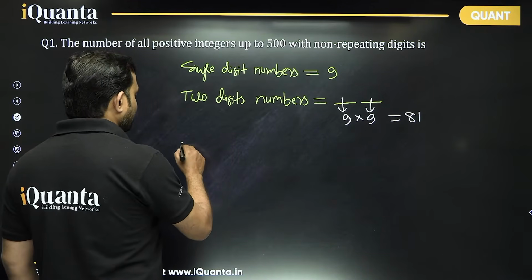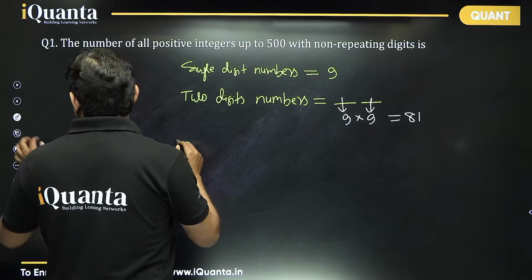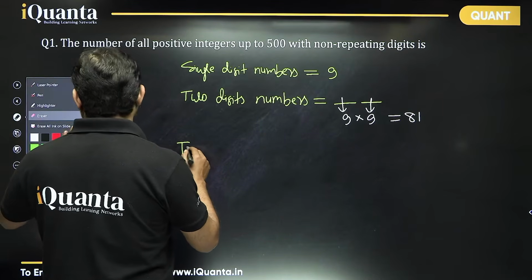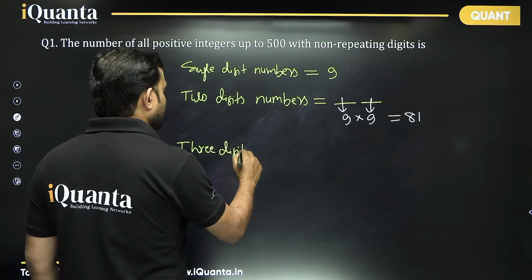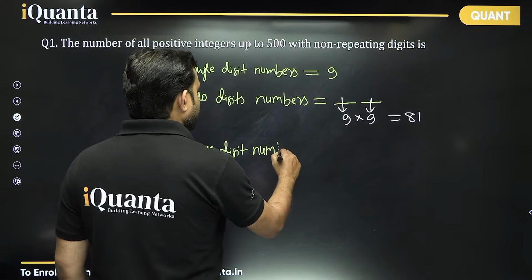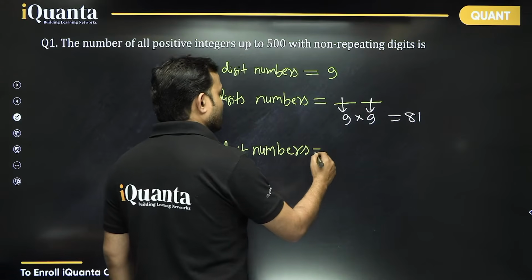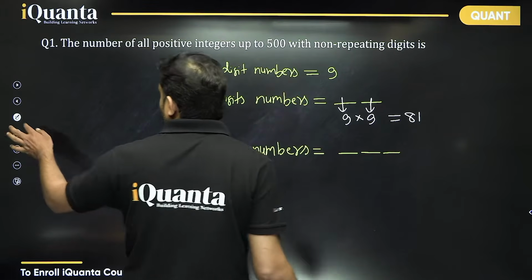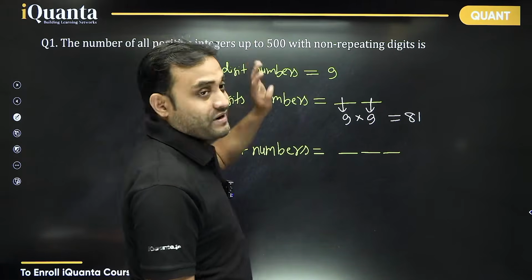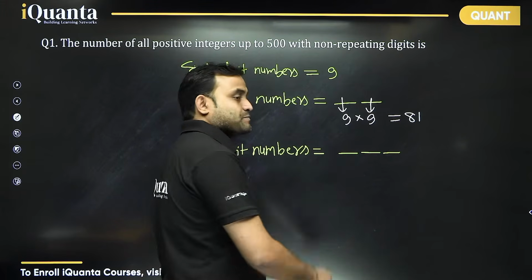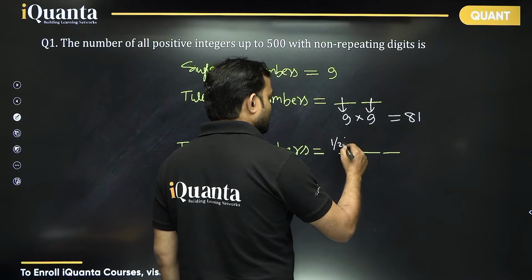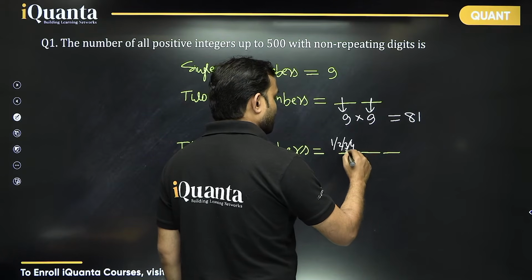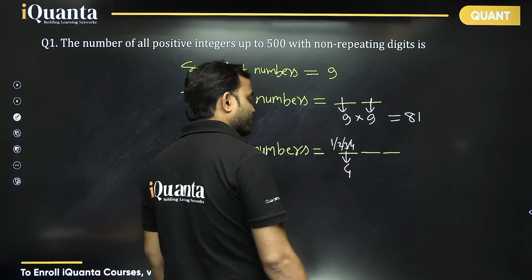How many 3-digit numbers are there? If we talk about 3-digit numbers, we have 3 places and it says up to 500, which means the first place can be filled with either 1 or 2 or 3 or 4, so 4 different ways.